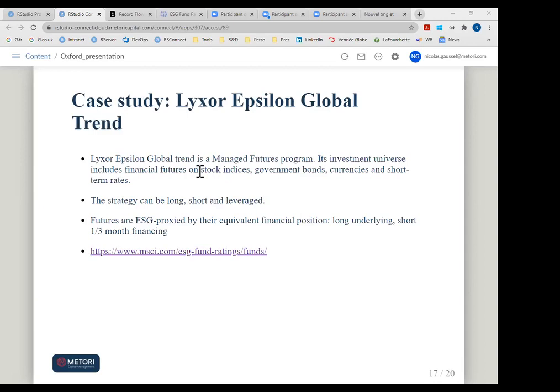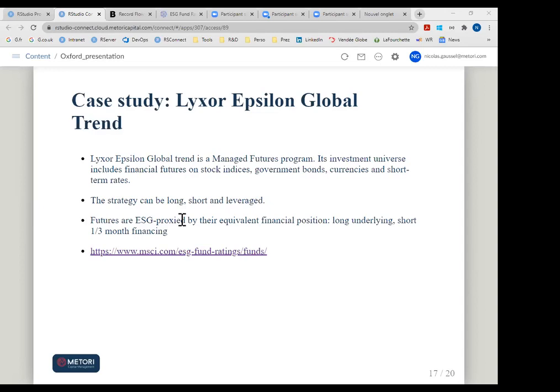I've taken this example because if you look at the MSCI website here, for all those stock indices and government bonds, you have very good proxies for their ESG ratings. And it's natural to also identify a future which is an equivalent financial position.